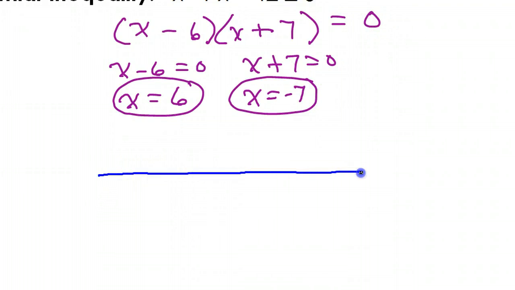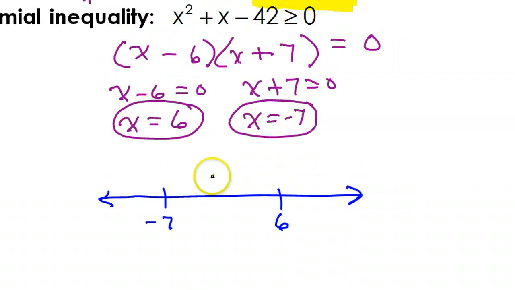So that means, okay, so I've got negative 7 and I've got 6. Okay, this is where the graph will equal 0. Now, do I want to include these values in my solution?